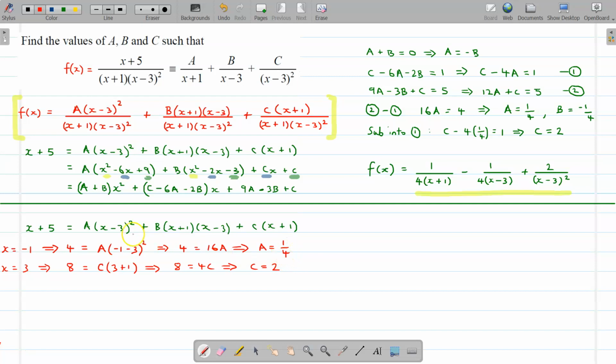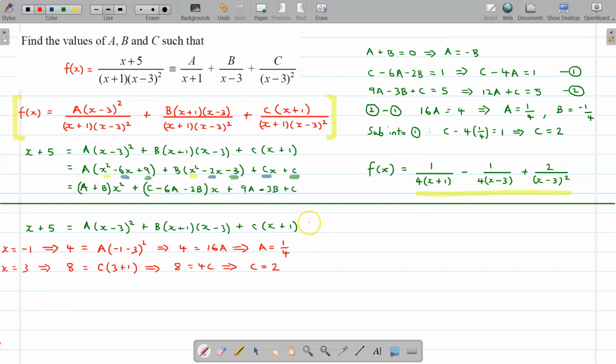Or in fact, we could just look at this first term here and recognize that the x squared term has to be 0, so a plus b has to be 0. So if a is a quarter, b is minus a quarter. So there's a little bit of work to do there to find b as well, but that saved time in this case, I would say. So we know that b is minus a quarter, and therefore we get the same result as we had here.